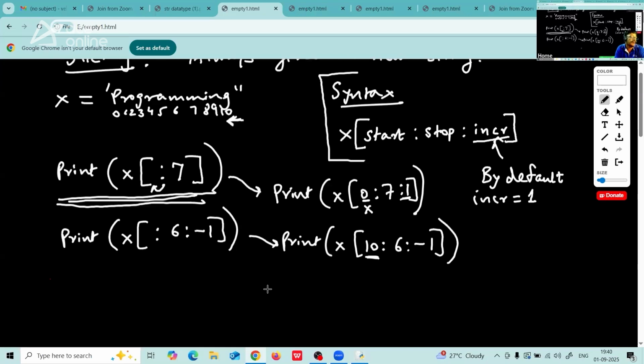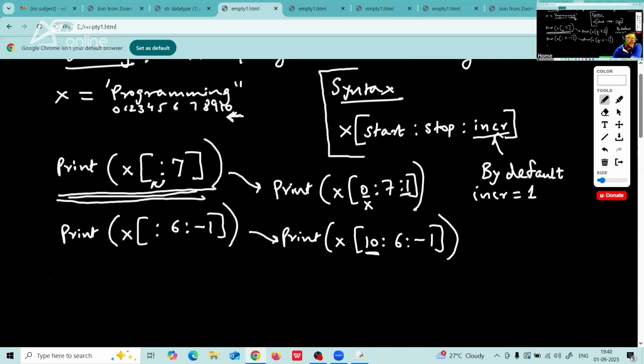Now, suppose I give like this, print x[2:], that's it. Now, what do you think 2 must be? 2 must be start, because before this 2, there is no colon.